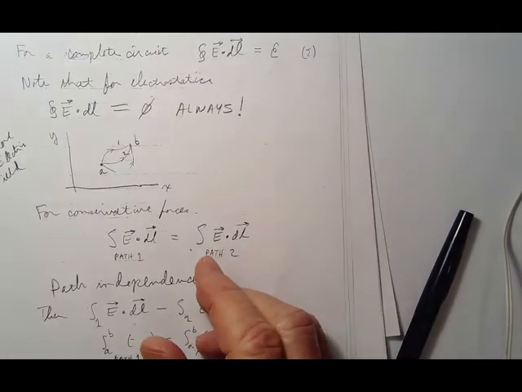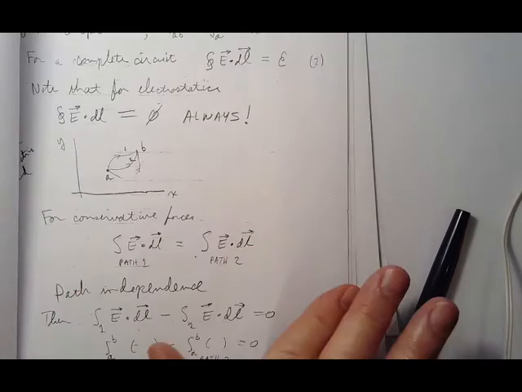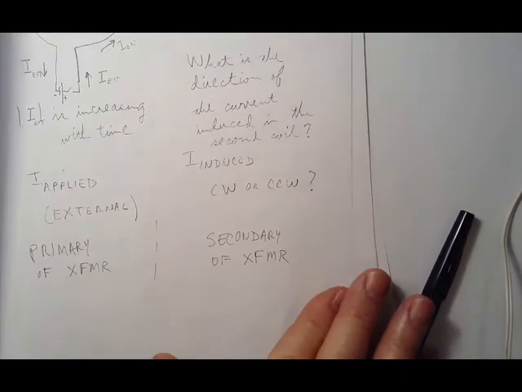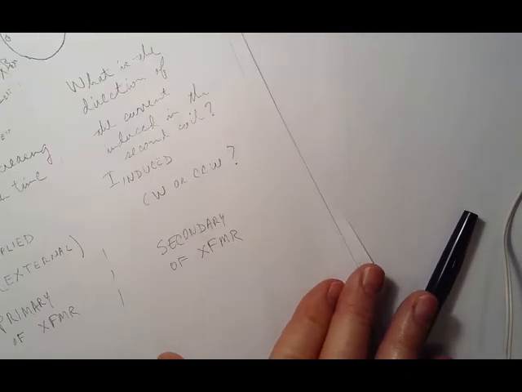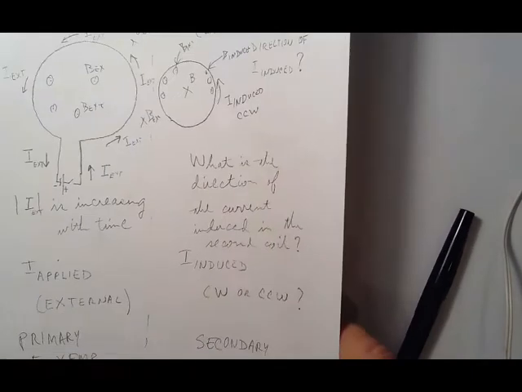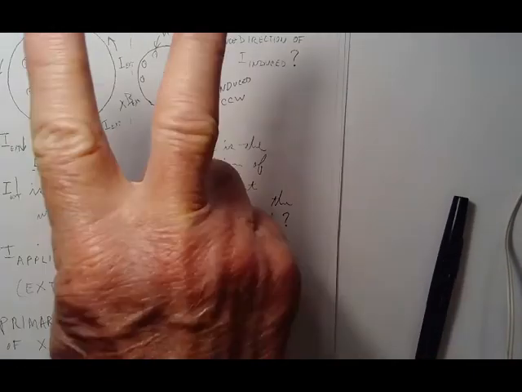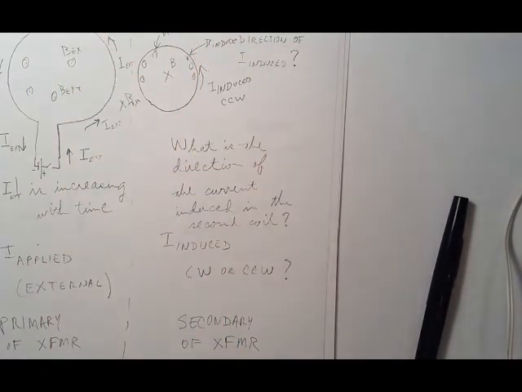Here's a bread and butter qualitative question, and it has to do with induced current directions. You use the right-hand rule twice, and you've got a 50-50 chance of getting it right both times. So if you do it carefully, you'll get it absolutely right.